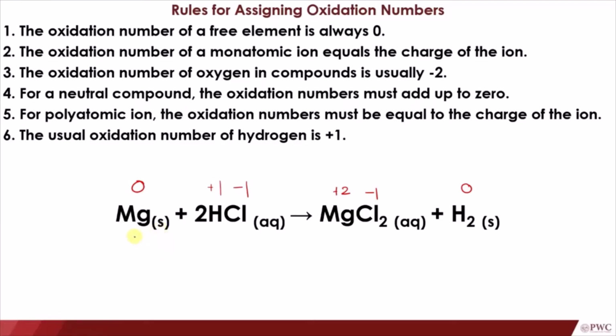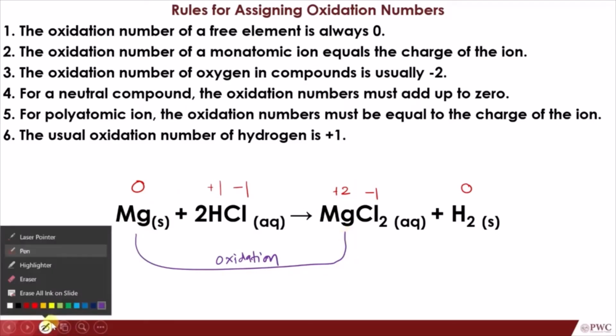Let's look at the Mg, or magnesium, that is from 0 to positive 2. This has an increase in oxidation number. Increase in oxidation number is oxidation, right? So here there is a loss of electrons because from 0 it becomes positive. So we say that Mg has been oxidized.